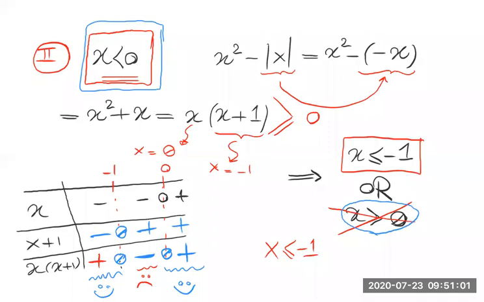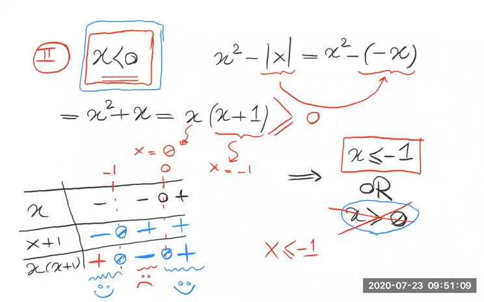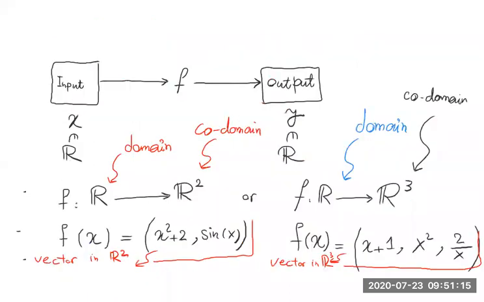So here, what we learned is that x can be greater or equal than 1, and what we learned here is x can be less or equal than -1. Well, what do these things mean at the same time? It means x can be less or equal than -1, or x should be greater or equal than 1.